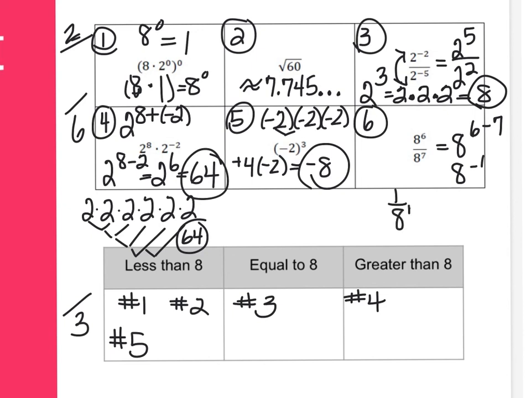So now it's 1 divided by 8 to the first power, and so that is simply 1 over 8. That is less than 8. So we're going to say number 6 goes in that bin. Please make sure you do number 2 on your pink study guide, and that you show your work and then put all of them into the correct bins.